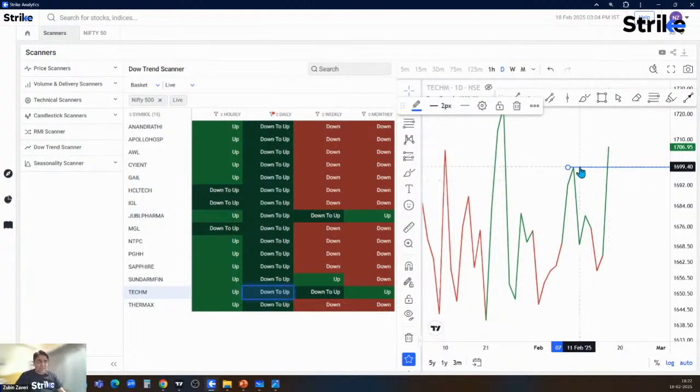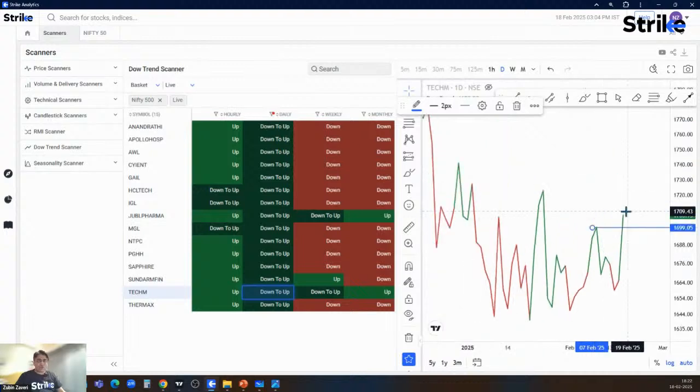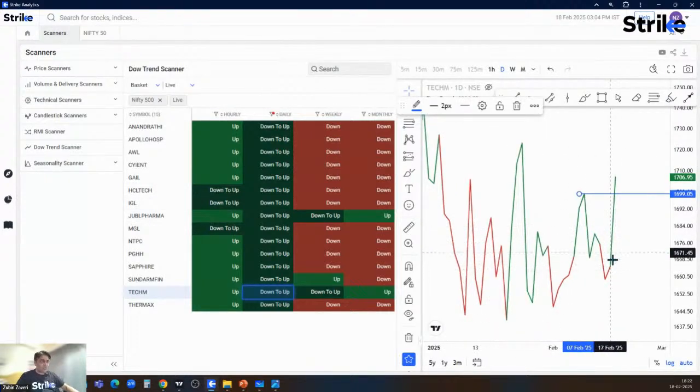Yes, this is a major resistance that Tech Mahindra has crossed today. Agreed? So like this, we can focus on some of the stocks out of the list that is given. Did you all understand? Tech Mahindra has crossed not only this particular top, but this one as well. So it's a major move up over here.